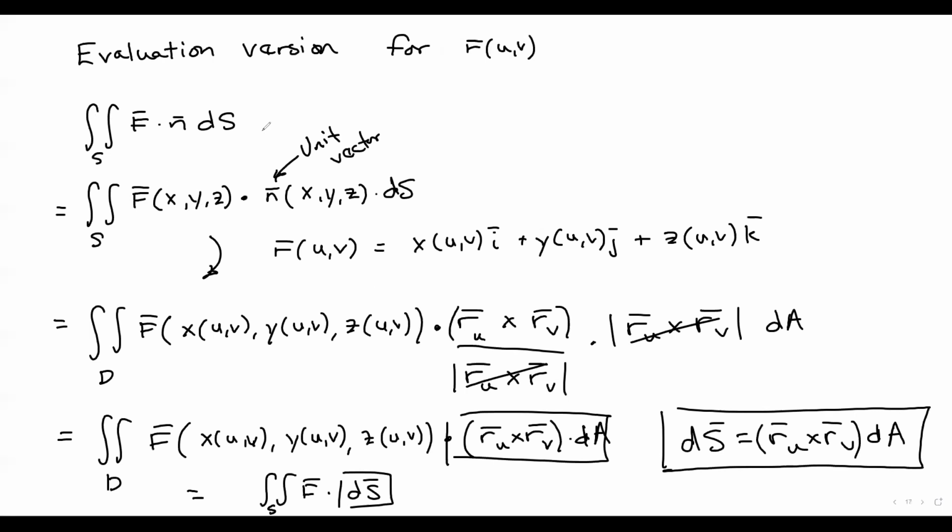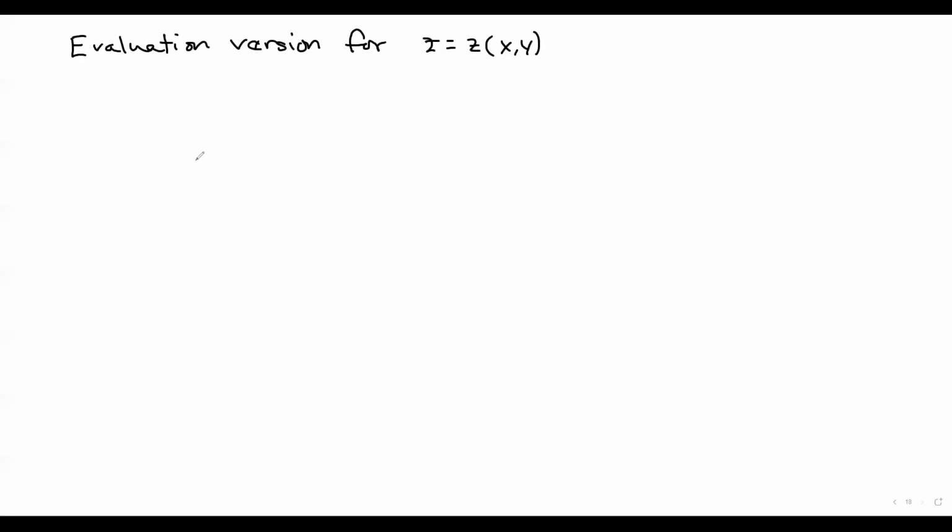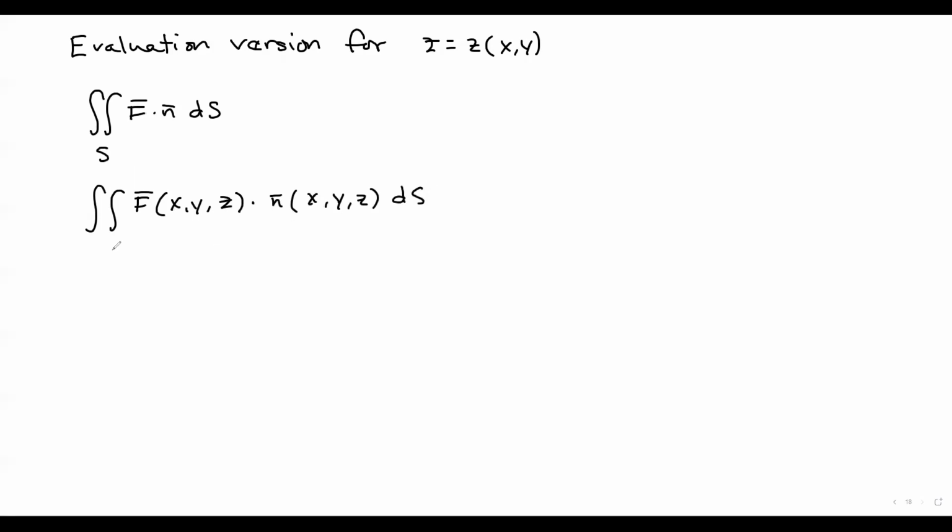You start off with F dot n dS over S. That we can break out. This is F of x, y, z dotted with n of x, y, z dS. Sorry, that's still dS. Geez, I'm confusing myself. We still have a surface integral here.